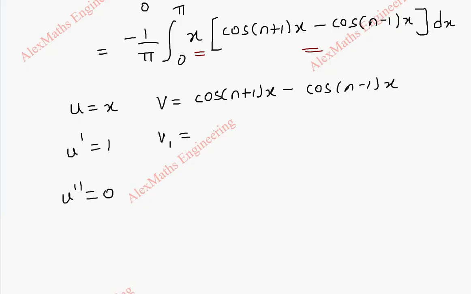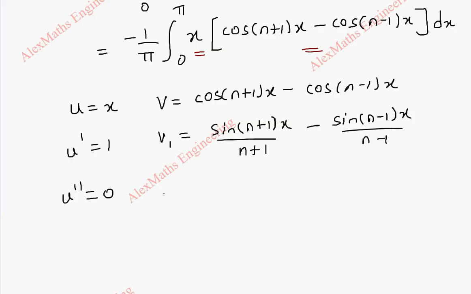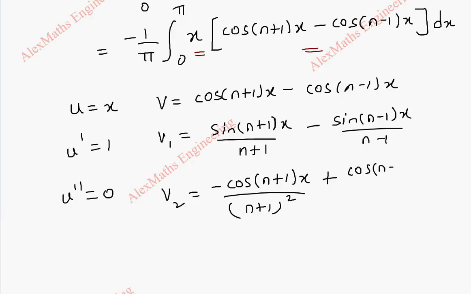Similarly, this integration v1 is sine of n plus 1 x by n plus 1 minus sine of n minus 1 x by n minus 1. Similarly, v2, this integration is minus cos of n plus 1 x by n plus 1 whole square, and this will become plus cos n minus 1 x by n minus 1 whole square.